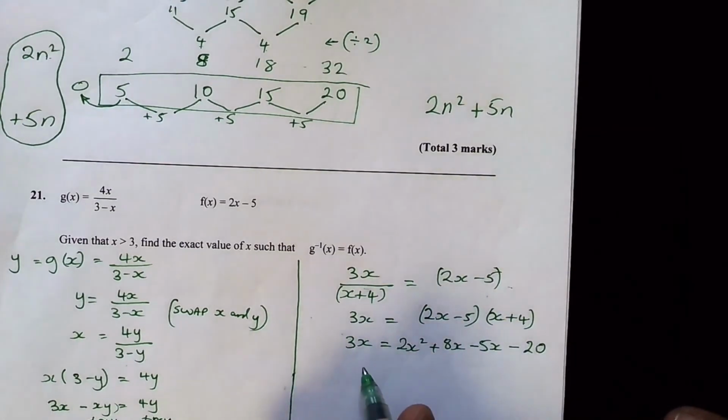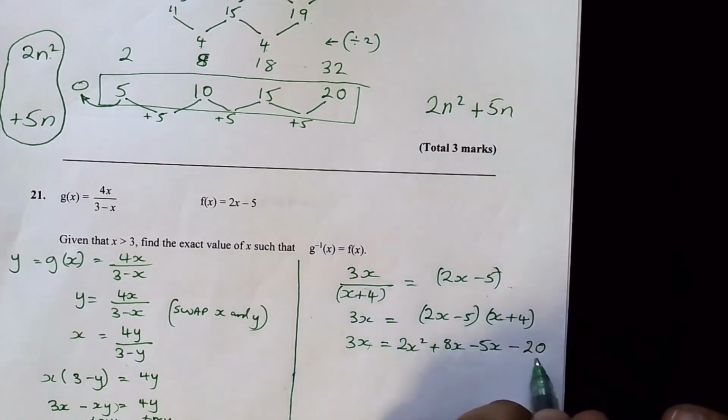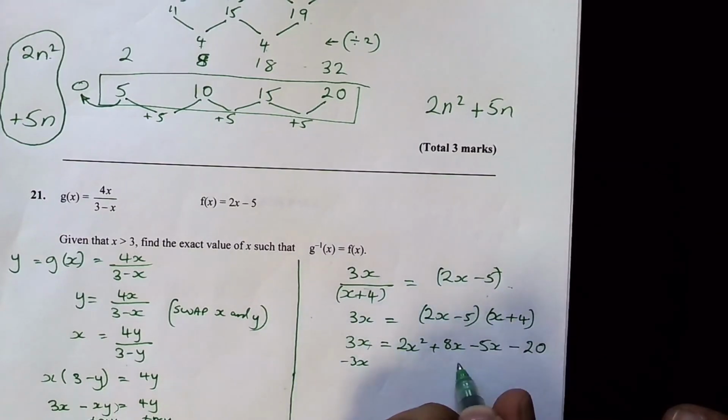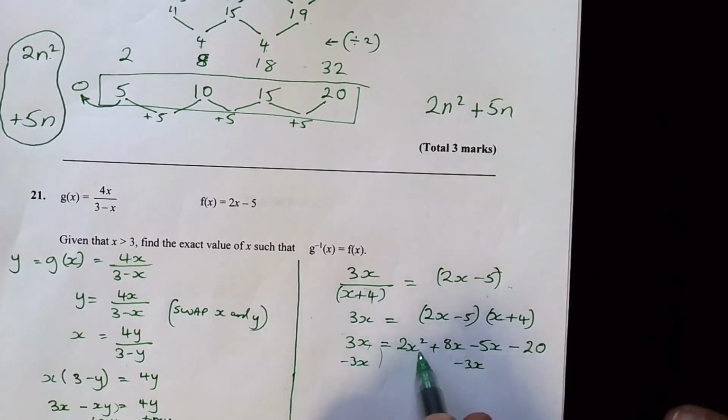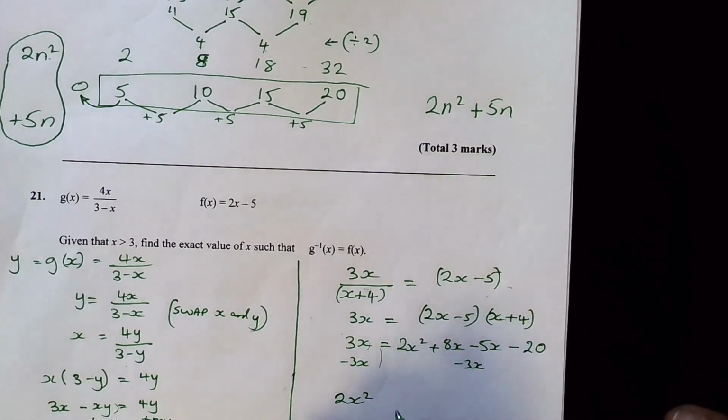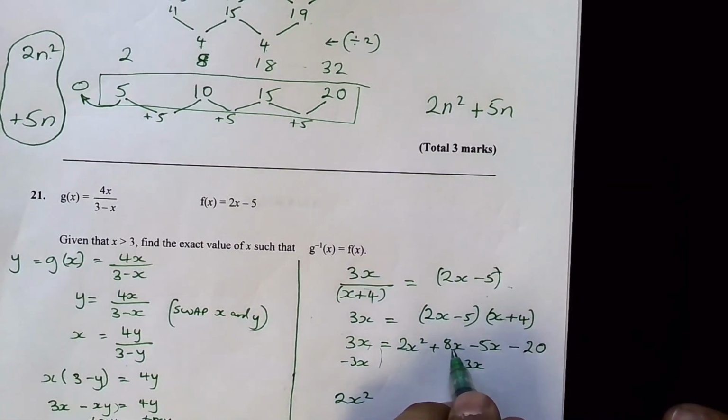And I'm going to subtract 3x from both sides to bring 3x to this side, so minus 3x and minus 3x. Now I'm going to simplify the whole quadratic, so that is equal to 0. So now I've got 2x squared, 8x minus 5x is 3x, minus 3x equals 0.